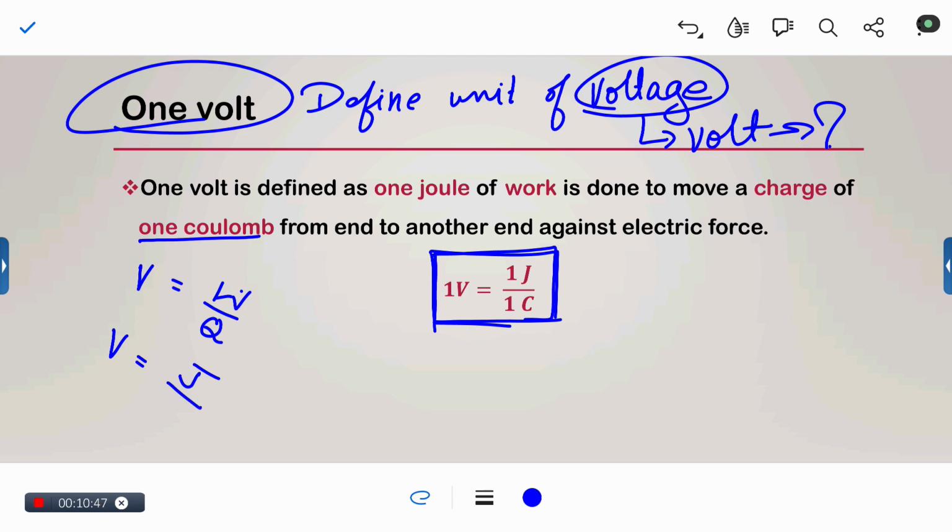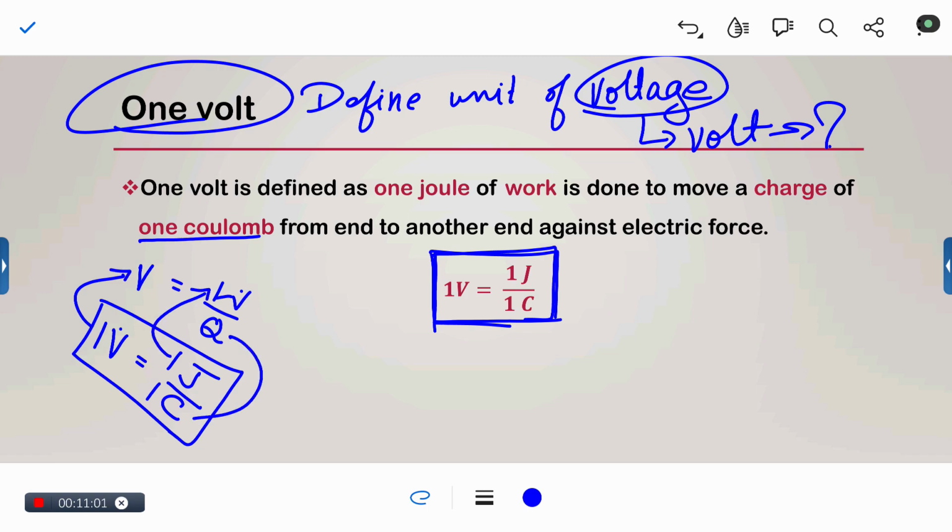What is the unit of charge? Coulomb. After writing this, put 1 in front of all the letters. Then 1 volt is defined as 1 joule of work done in order to move a charge of 1 coulomb. All defined. Next.